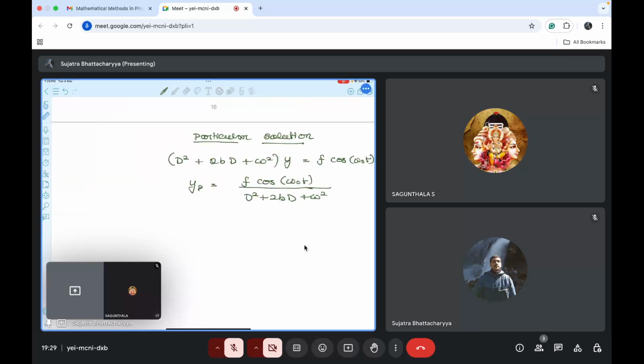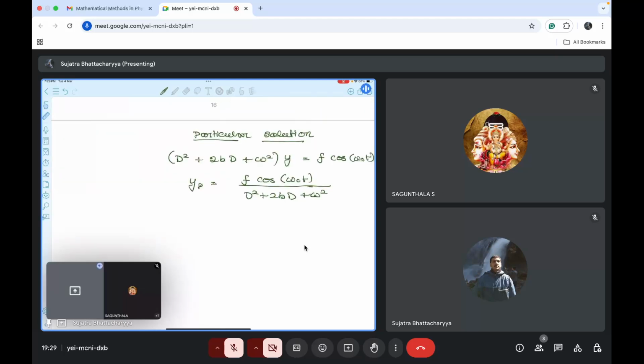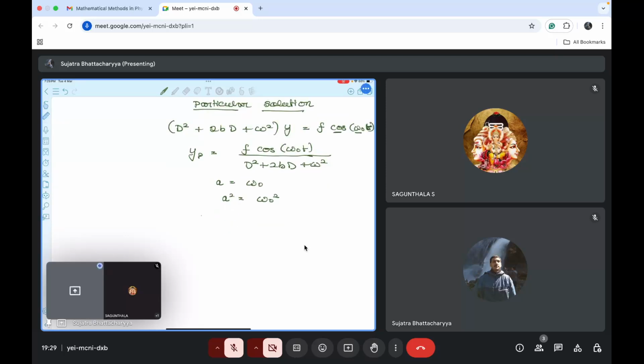So this is what you have. The first thing is, what is a? It is anything with the time component, the t component, in the cos. So this is omega naught. So a is omega naught, and a square is omega naught square. What we need to do is write f of D square as f of minus omega naught square.